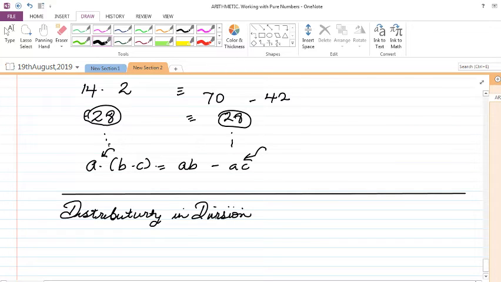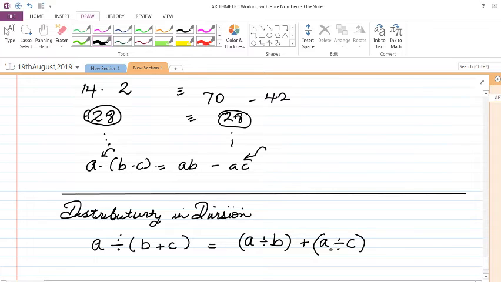Now, we want to see therefore if a number A divided by B plus C is the same as A divided by B plus A divided by C. So let's put some numbers and see if it's always the case.